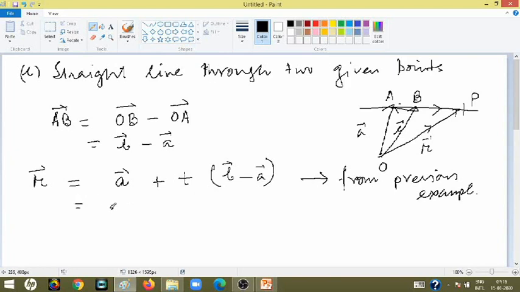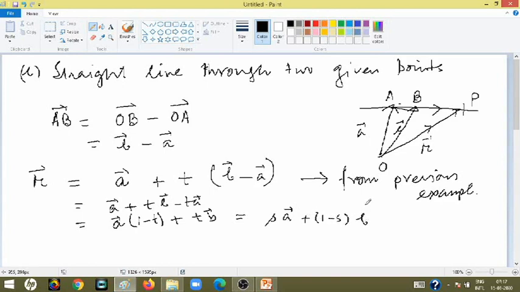Now if we write A plus tB minus tA, this can also be written as 1 minus t times A plus tB, and it can also be written as s times vector A plus 1 minus s times vector B, if s equals 1 minus t.